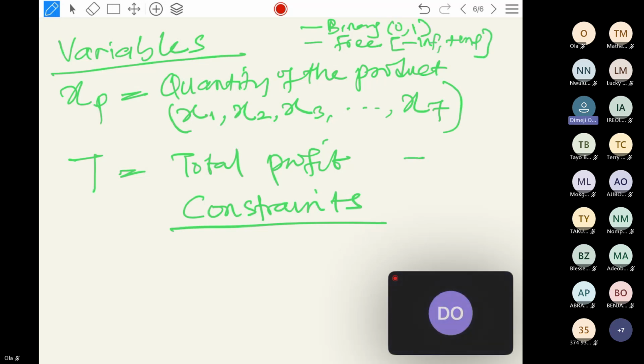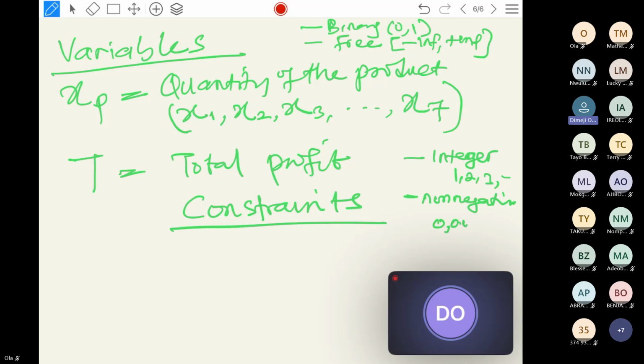We have the integer, which is just the whole number, 1, 2, 3, 4, and so on. We also have the non-negative. Non-negative is any number that is not negative: 0, 0.1, 1, 2, 3, and so on.